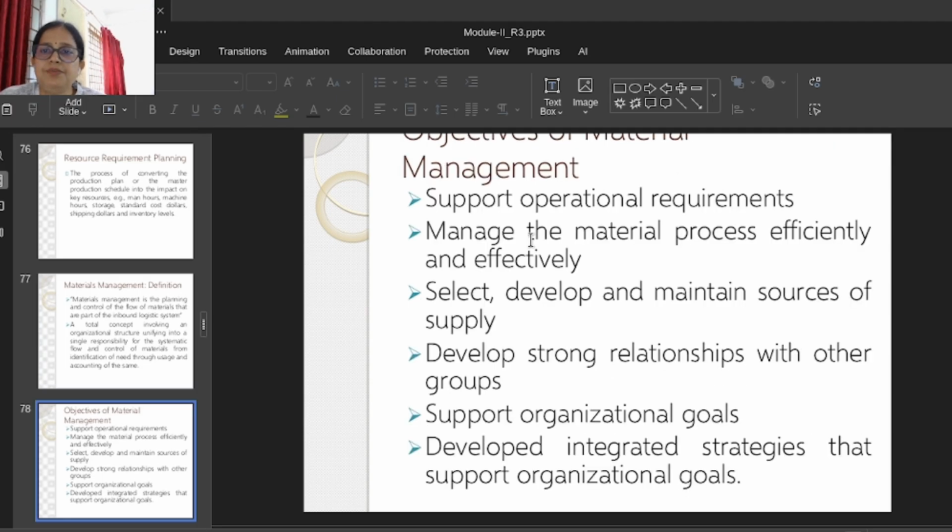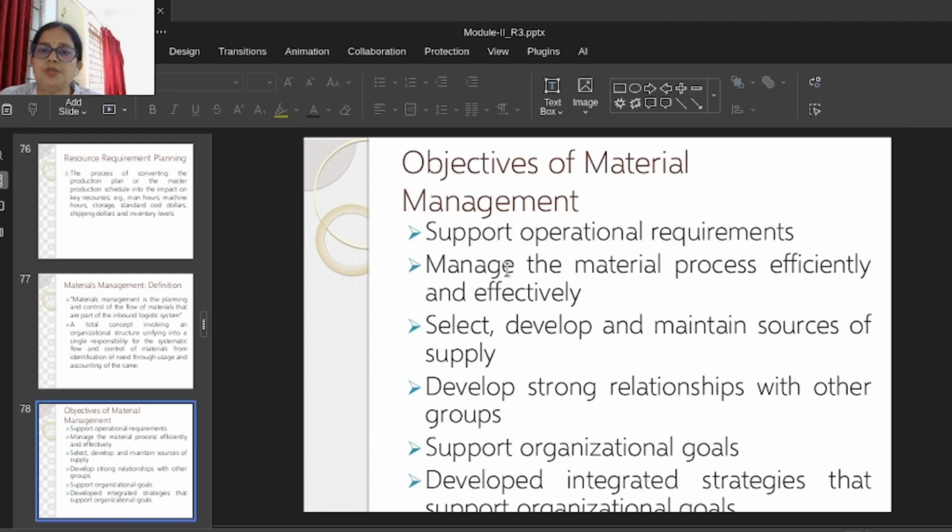What is the objective of material management? Supports the operational requirements, manages the material process efficiently and effectively, selects, develops and maintains sources of supply.